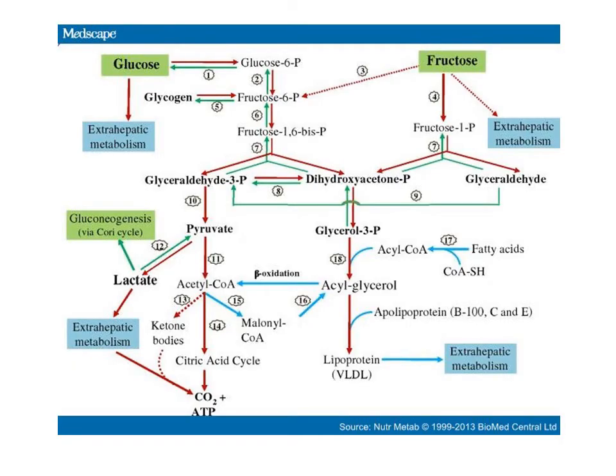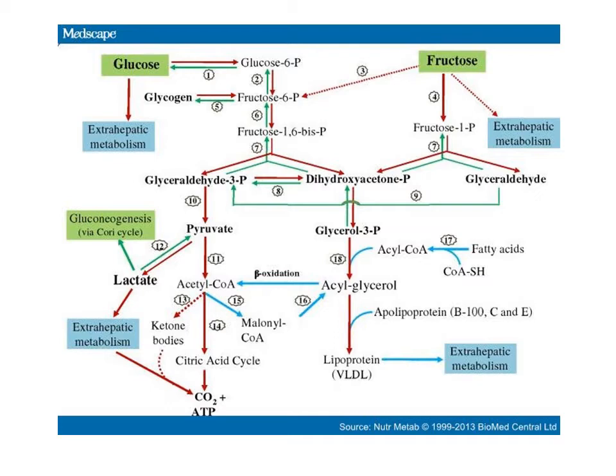In this slide, I am showing you how glucose is catabolized in the body. Glucose will be catabolized into a molecule called pyruvate. Pyruvate will then go to the mitochondria where it will generate even more ATP or energy.